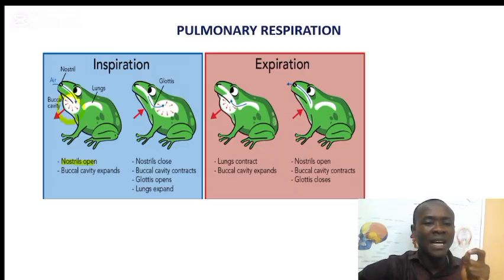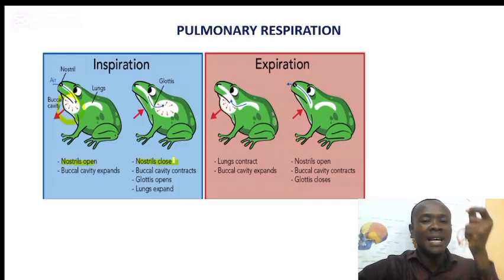Now, after that, they will close the nostril. The nostril is closed as we have on the slide. Now the mouth is closed, the nostril is closed. At this point, the floor of the mouth has been lowered and air has entered into the mouth.